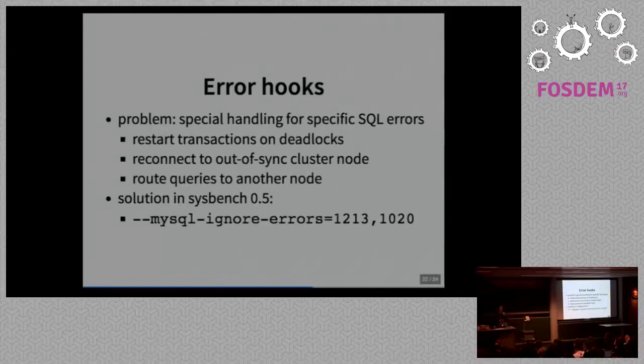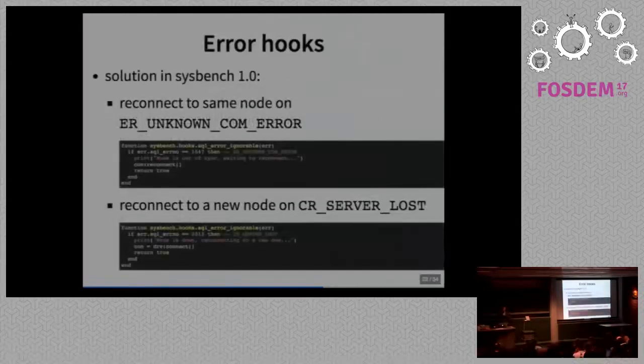Instead of terminating the benchmark, you may want to wait for that node to become available again, or reroute queries to another node. There was a half-baked solution in sysbench 0.5, called mysql-ignore-errors, but it didn't work in some cases. So there's now a much more flexible way to handle errors in sysbench 1.0.